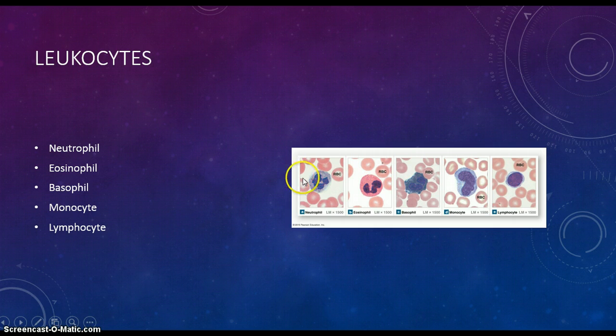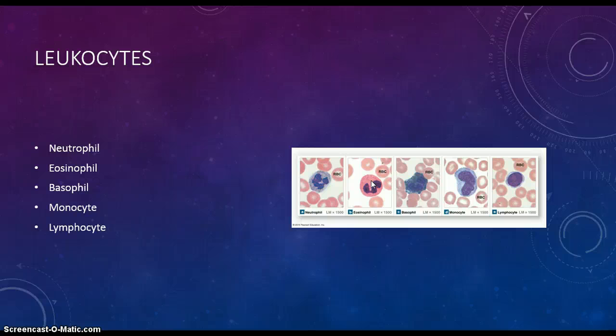Eosinophils are named because of the red eosin dye that they take up. 2 to 4% of the circulating white blood cells are eosinophils, and these are active against parasites. Big parasites, small parasites, doesn't matter. If they're a small enough parasite or a labeled cell of another kind, the eosinophil can phagocytize it.